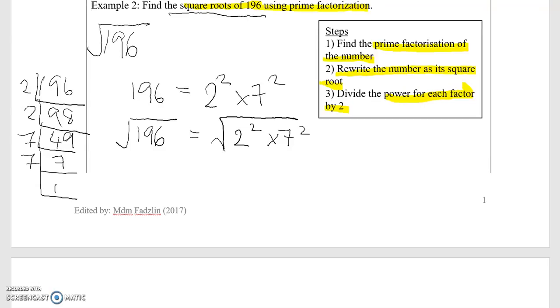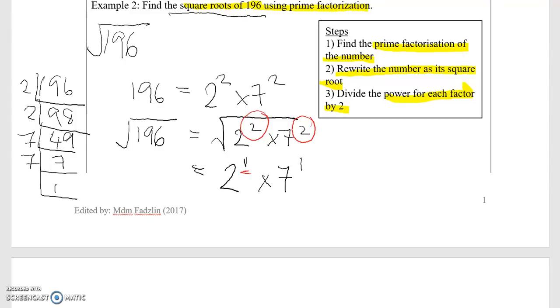So therefore, this will be equal to 2 to the power of 1, since we divide the power 2 by 2 to get 1. Next, for the factor 7, we divide its power 2 by 2 as well to get 7 to the power of 1.